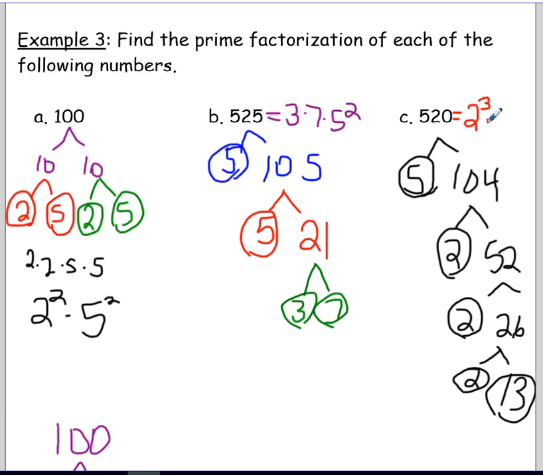Then we have 1 5, so we don't need an exponent there, and we have a 13. So 2 times 2 times 2, or 2 to the 3rd power, times 5 times 13. If we enter that in the calculator to double check, we should get 520 as an answer.